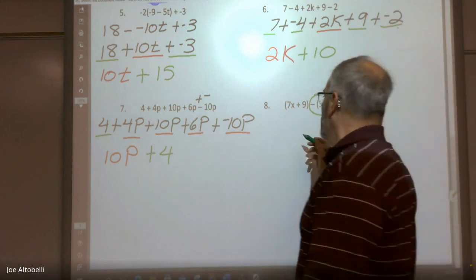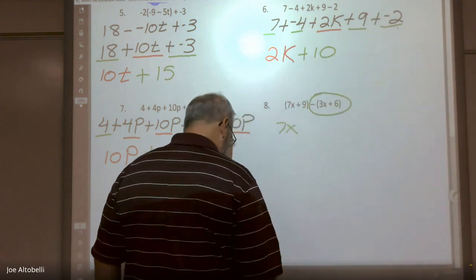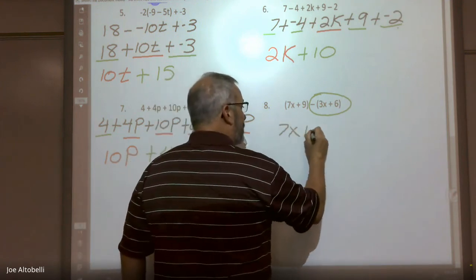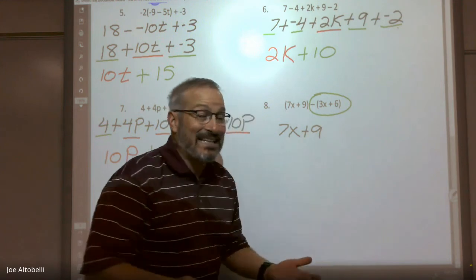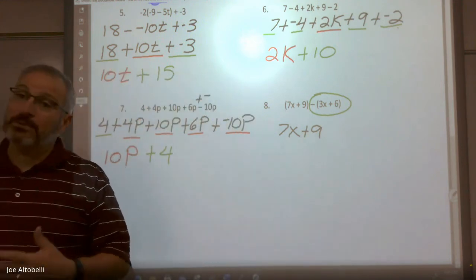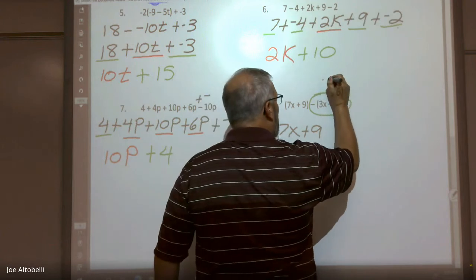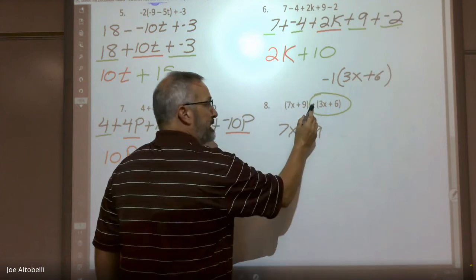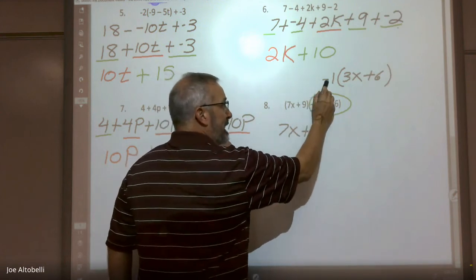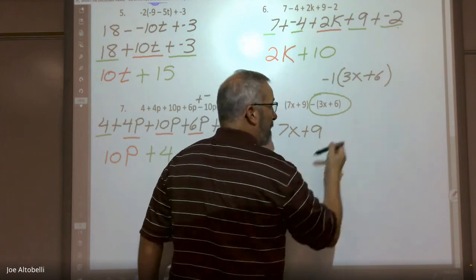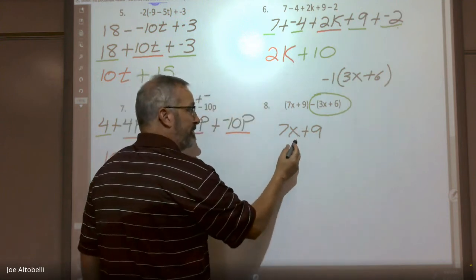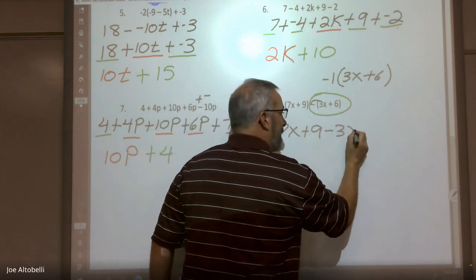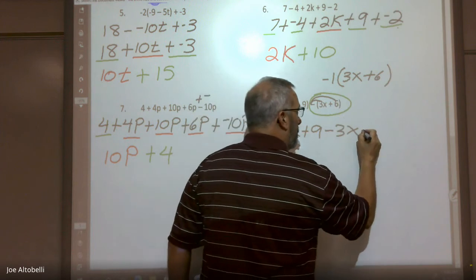Okay, so what you have to do is have 7x, I can write this in black. We have 7x plus 9, and then it's kind of like the distributive property. Some teachers, when they teach it this way, instead of having just minus this, it's -1, and they do the distributive property. Okay, that's fine if you want to think of it that way. I just do it this way, minus 3x, and then minus 6.